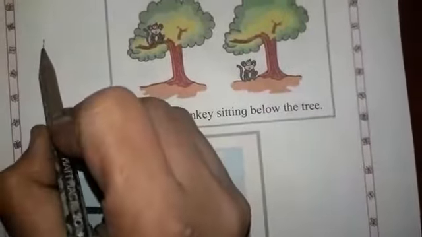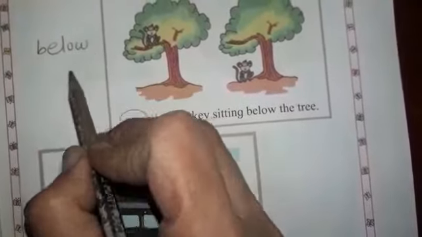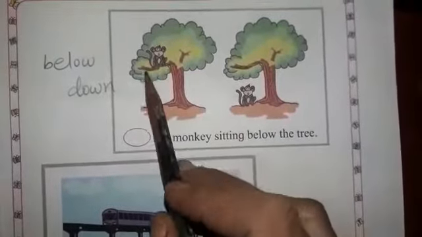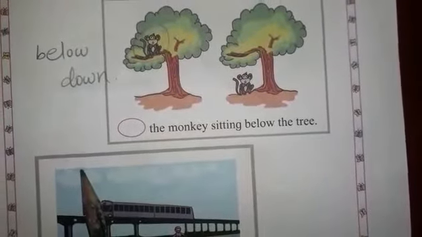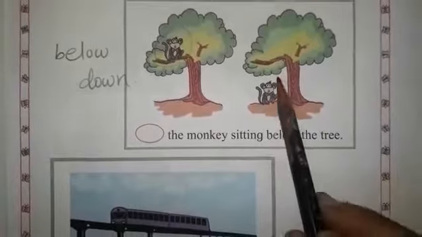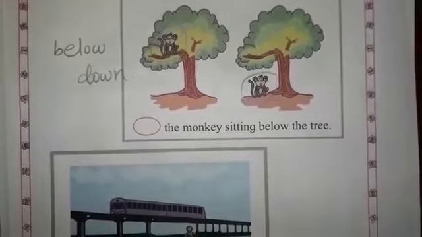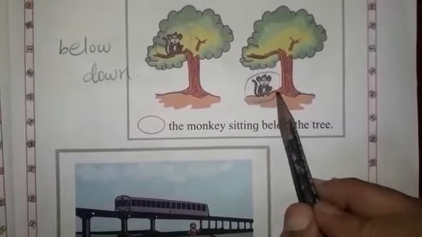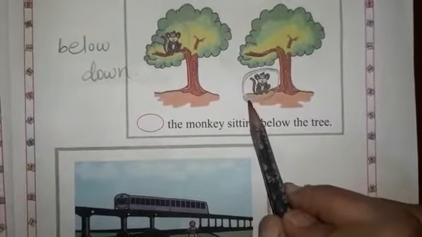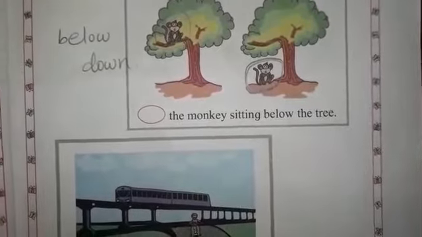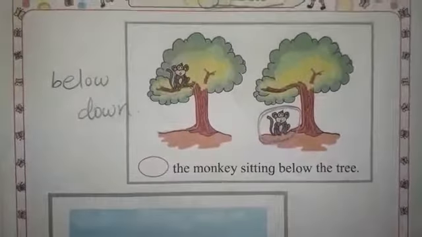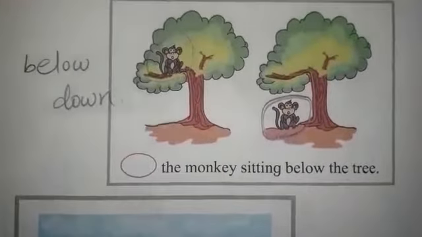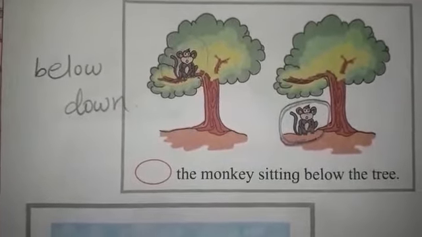I told you, below means down. Yes. So ये तो ऊपर की तरफ बैठा है, upper side, and this monkey is sitting down to the tree. Yes. Then what we are going to do? We are going to circle the monkey who is sitting below the tree. You can see it properly. Yes. Just like this you have to do in your textbook.